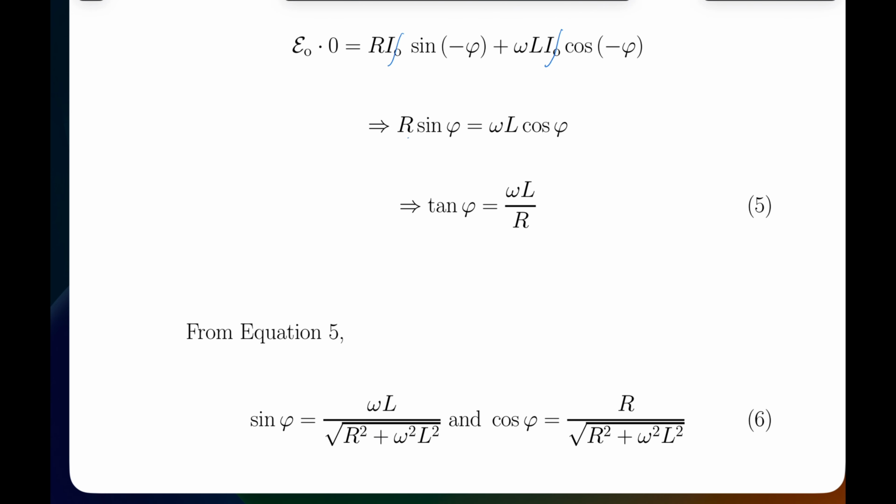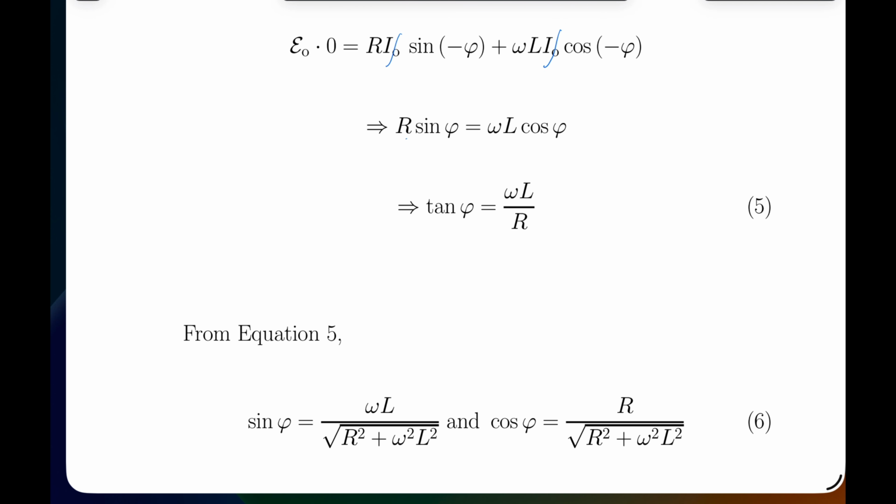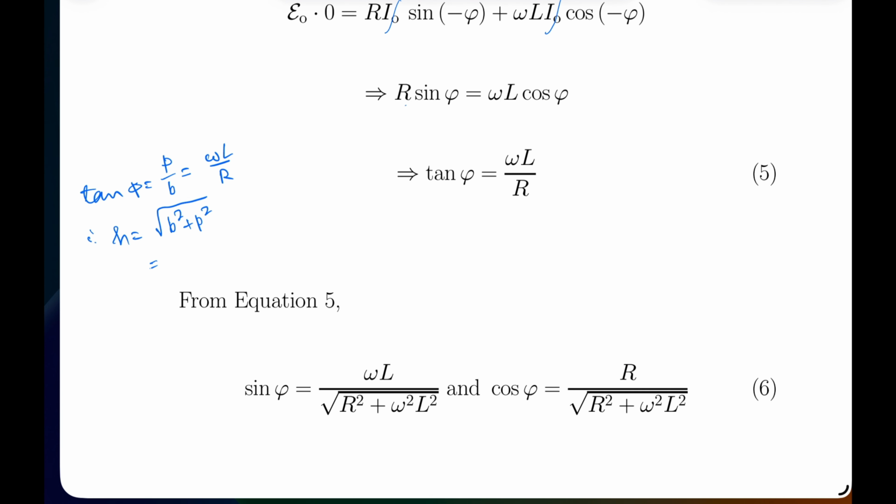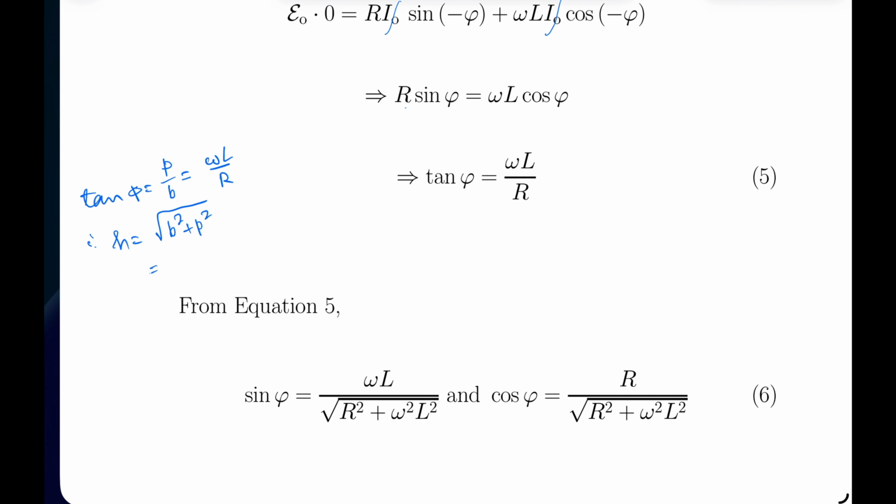Okay? So remember, if you know the value of tan phi, you can find the value of sine phi and cos phi. How? You remember this, that we have tan phi is P upon B. P is perpendicular, B is the base, and this is omega L upon R. Okay, and therefore H is root over B square plus P square, equal to the square root of R square plus omega square L square.